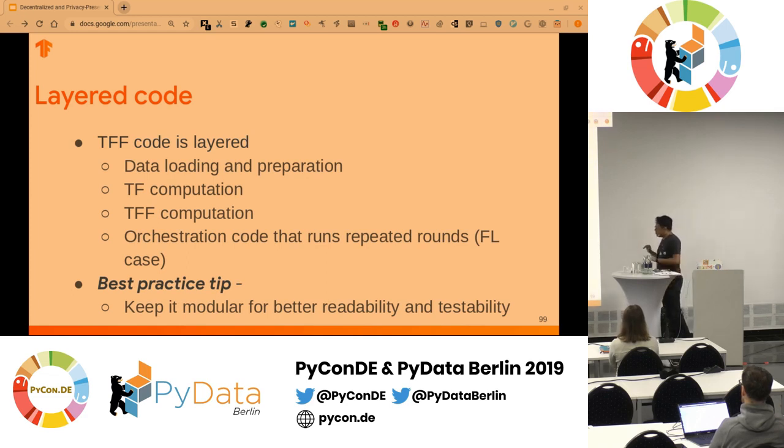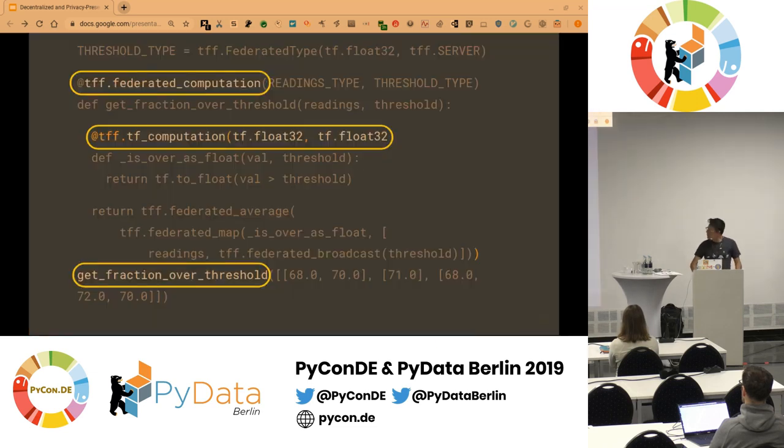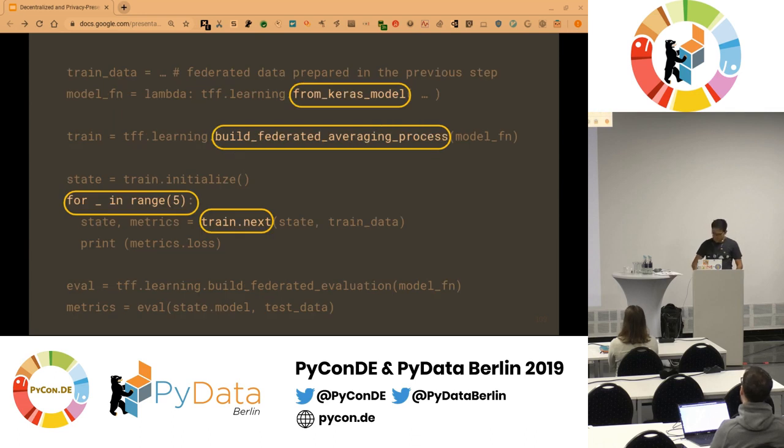You should be able to write them separately, put them all together, and test them independently. There is the orchestration, there's a TensorFlow computation that happens on a device, and then there is a TensorFlow Federated computation, and these things can be independently tested.